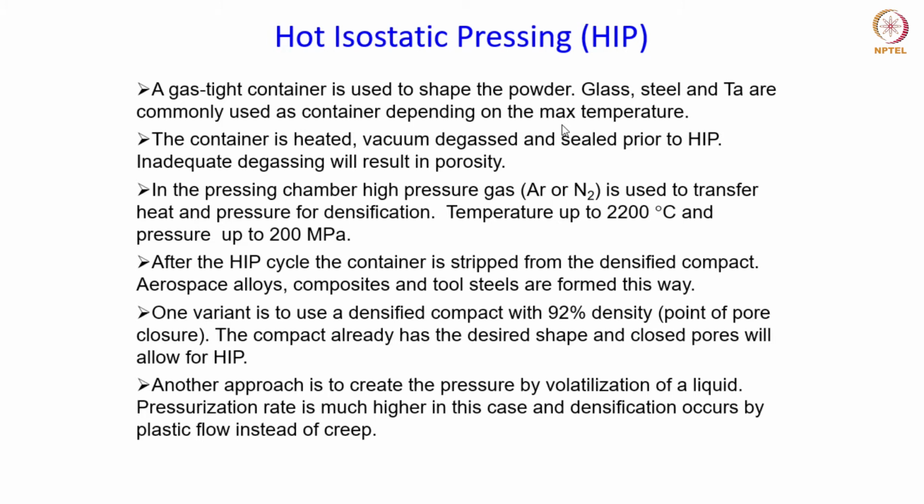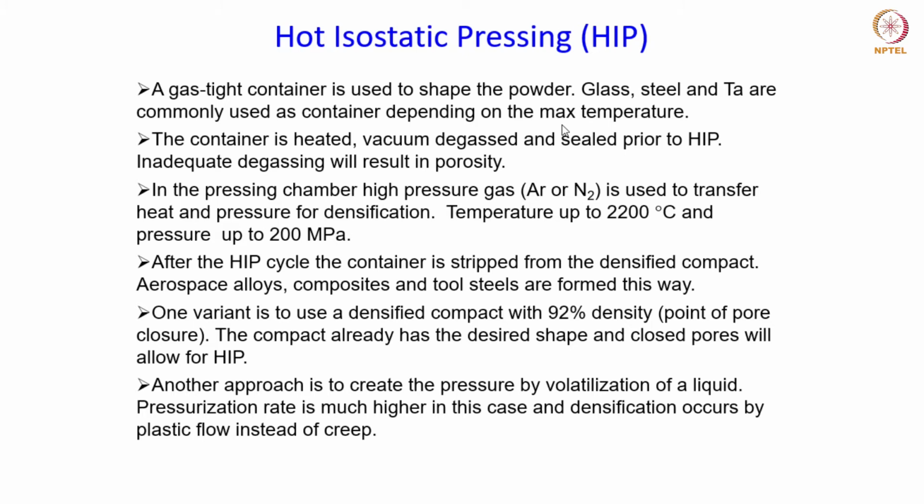The compact in that case has already been shaped into the desired final shape, and the remaining pores are closed by the HIP process, right? So here it is just to close the remaining pores in the compact, which is already made into the final shape. Another approach is to create the pressure by volatilization of a liquid, and the pressurization rate in this case is much higher compared to gas pressurization, and the densification occurs by plastic flow instead of creep.